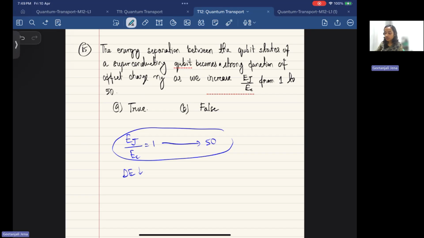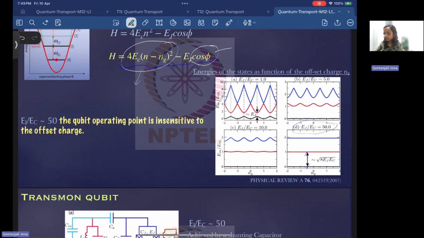So this is similar to one of the problems that we have seen before. If we look at this graph, when we increase EJ by EC from 1 to 50, the fluctuation in this parabolic and sinusoidal variation decreases. So as we move from 1 to 8, if you look at the last one, for a high value of EJ by EC, even though we are varying Ng, the separation, delta E, remains constant.